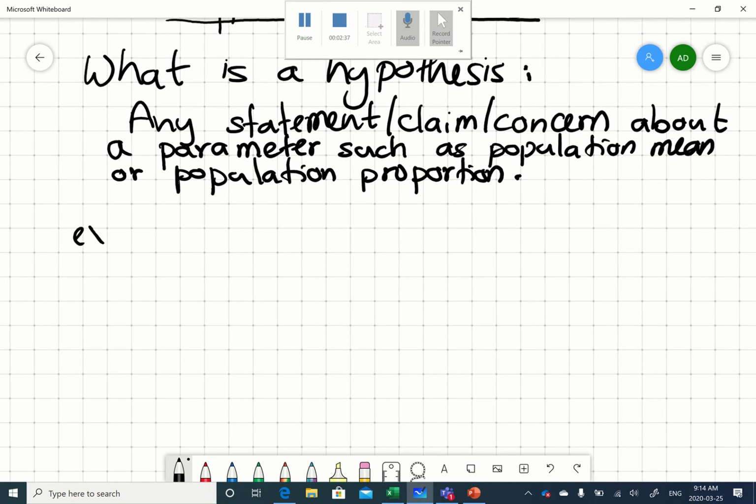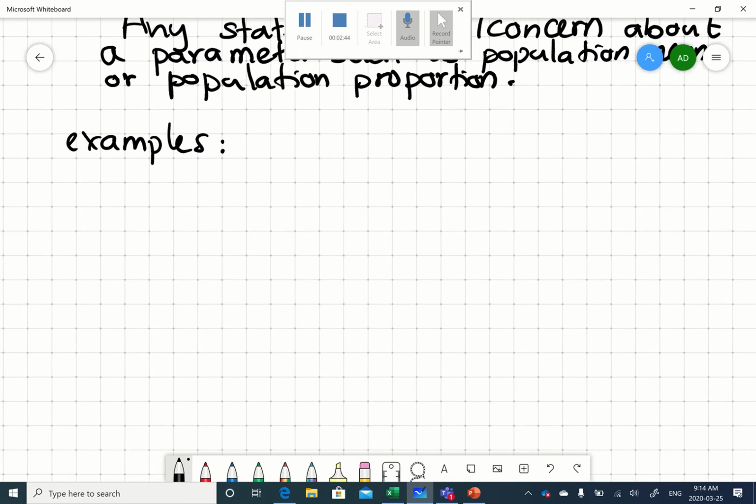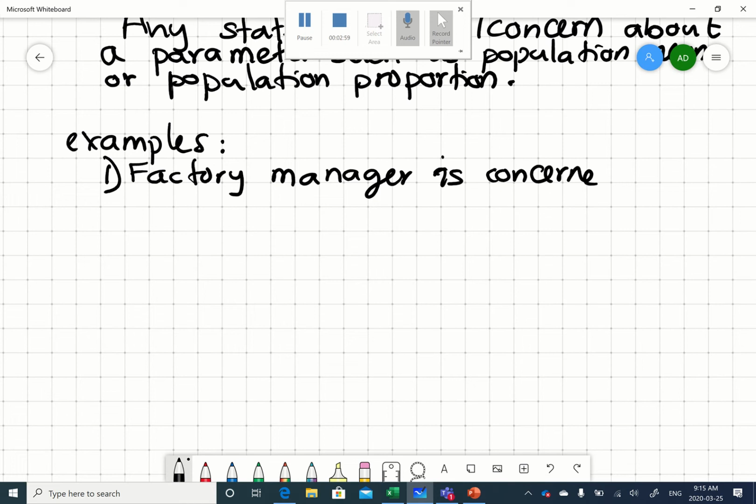To give you some examples, just to get the idea clear. Some examples of hypotheses could be a factory manager who is concerned about the average weight of a package, say of a candy bar.